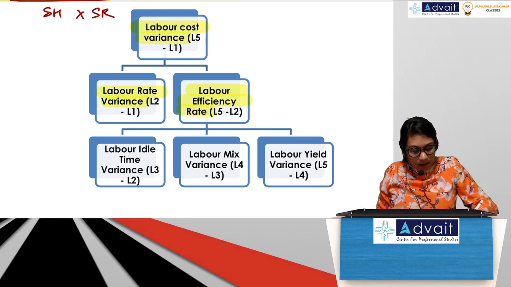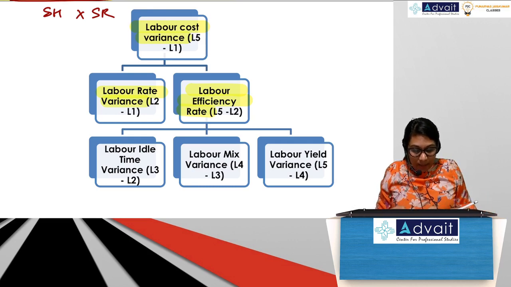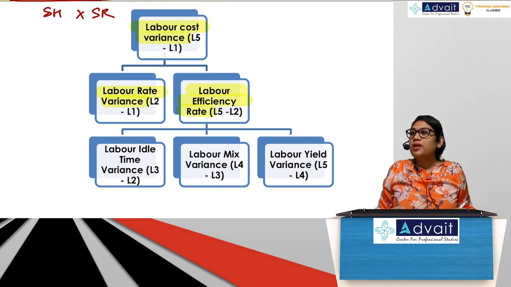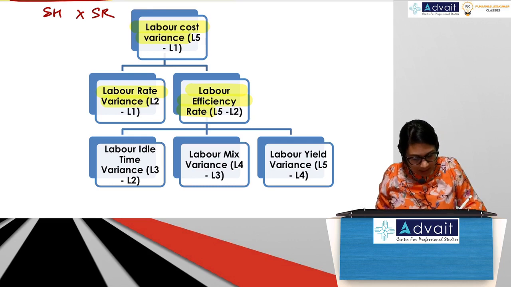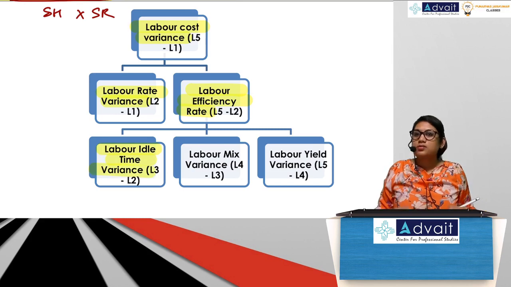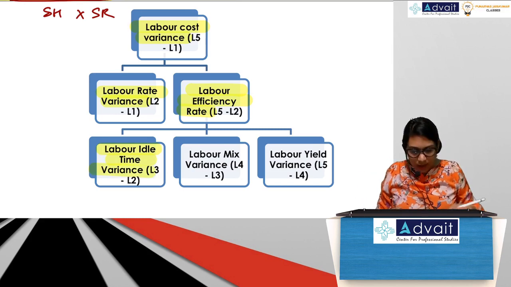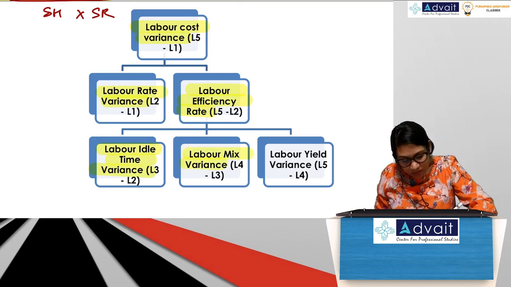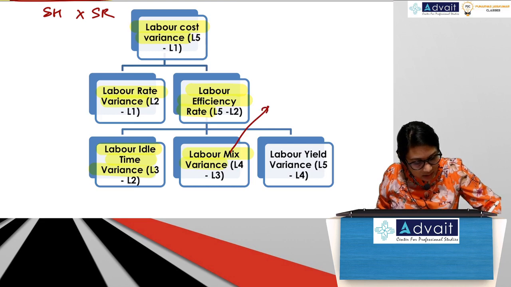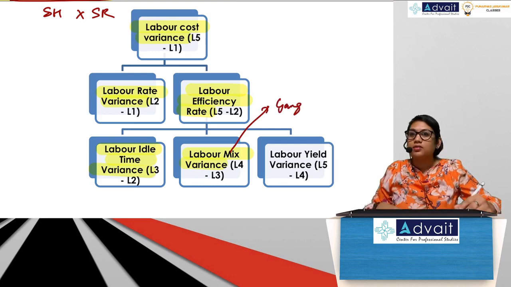Okay. Now labor efficiency variance can be divided into three types. This labor efficiency variance is arising because of these three reasons. Labor idle time variance, because of differences in idle time. Labor mix variance, also called labor gang variance.